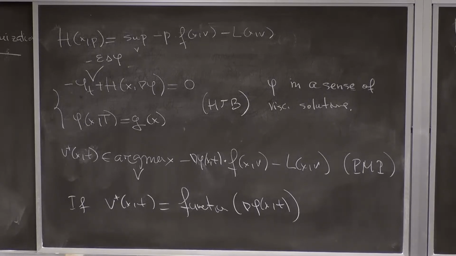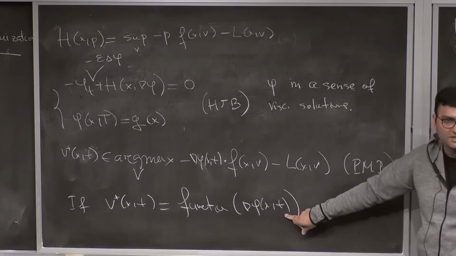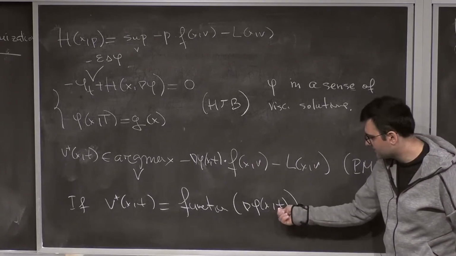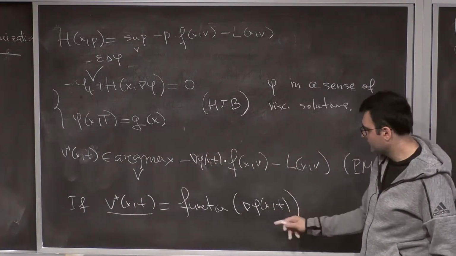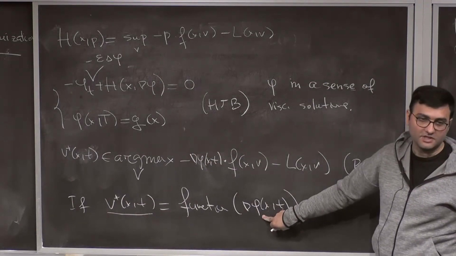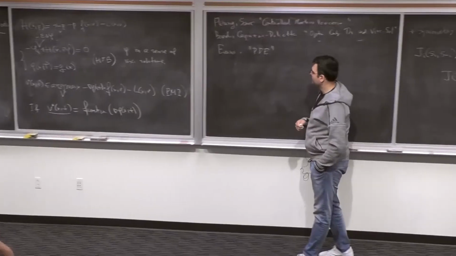Then this is a very nice setting because we know the optimal actions in a feedback form, which means that if we are at position x at time t, then to see where we move, we just have to read from the value function. We calculate the gradient and apply whatever form we get there.